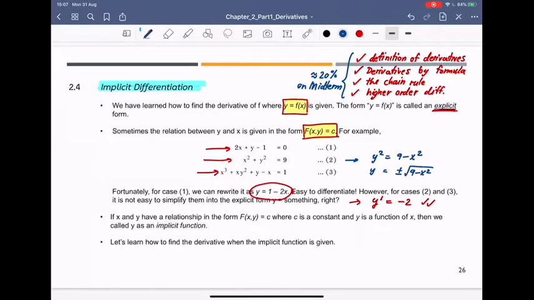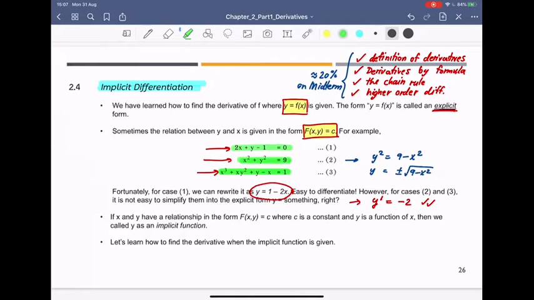Well, we will learn how to differentiate this thing by using another method. So we're not going to simplify the equation into the form y equal to f(x). We are going to learn how to differentiate from the implicit form. So the thing that I highlight in green now is called implicit form.